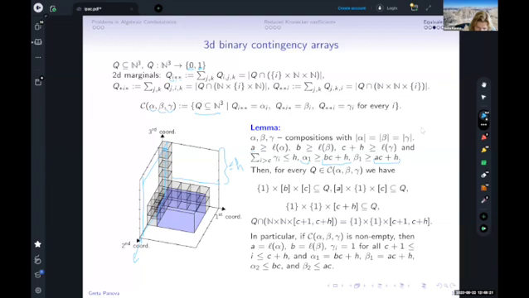Everything is taken. We have this rectangle, and whatever, something happens in this lower portion. And everything else is zero, so all the other points are missing.